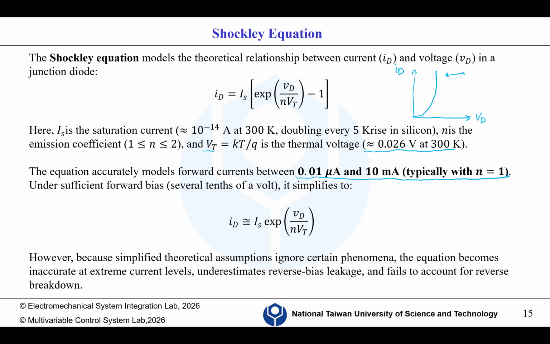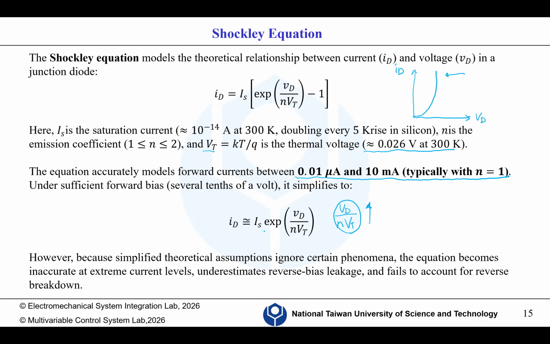If there is sufficient forward bias, for example VD is large and much larger than nVT, then this number will be very large.